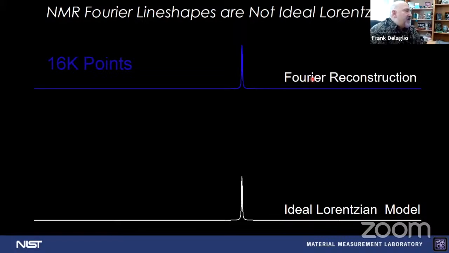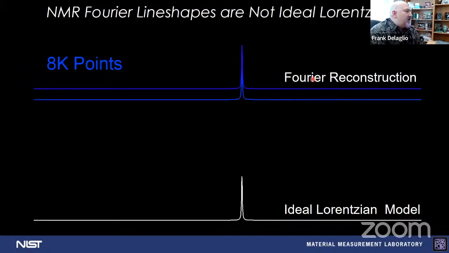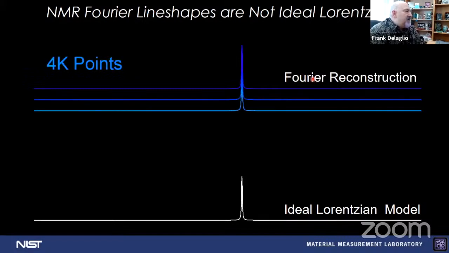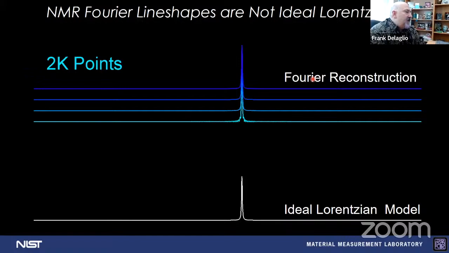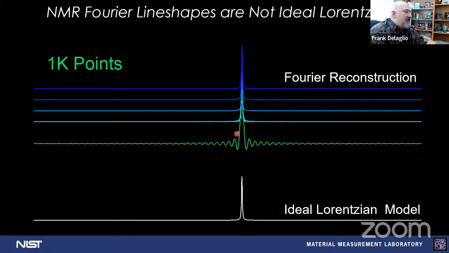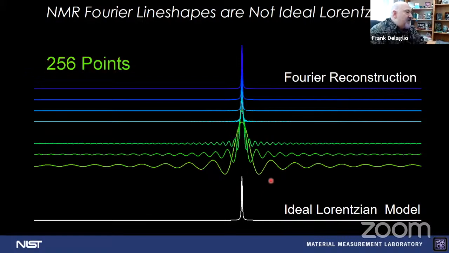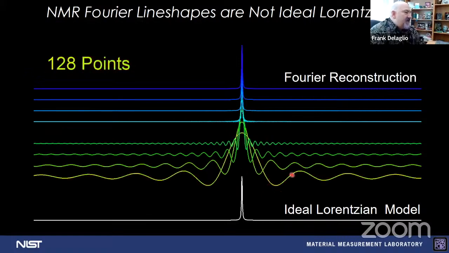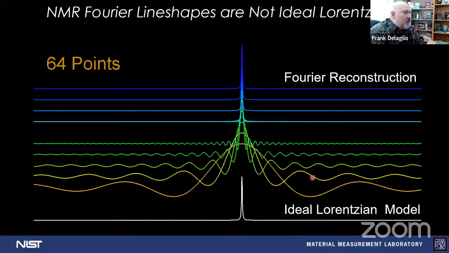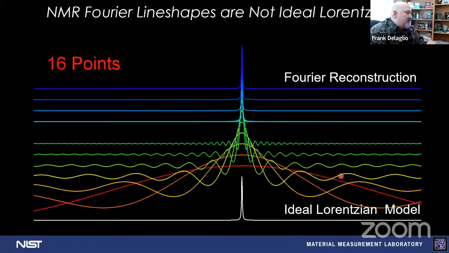But as we measure fewer and fewer points and get data that's more and more truncated, the corresponding Fourier line shape becomes less and less ideal. It becomes artificially broad, and it has these regular ripples that we call truncation wiggles.